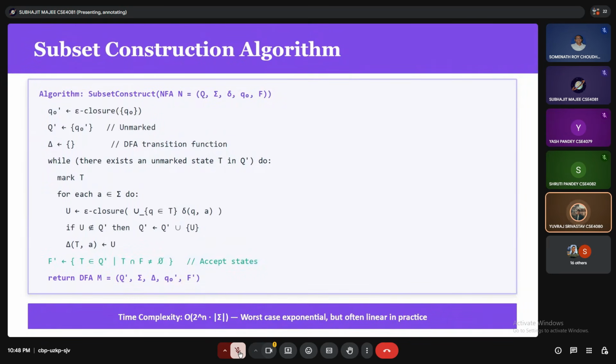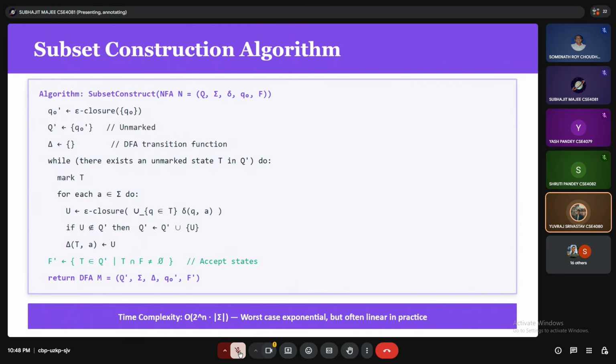Yes, sir. So here I am presenting the subset construction algorithm, which puts this concept into a step-by-step programmable format. We start by initializing the DFA with the epsilon closure of the NFA start state.